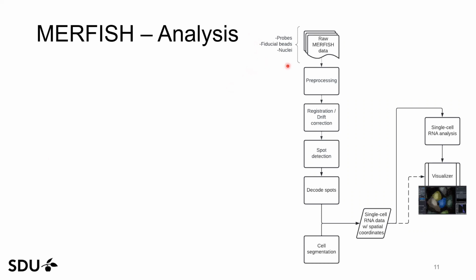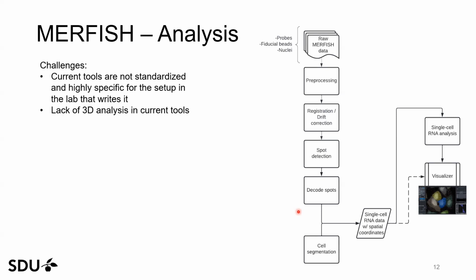And then I have outlined some of the common steps to get this actual spatial transcriptomics data out. There's a big challenge in that the current tools available for this are not really standardized, and they are highly specific for the setup in the given lab that wrote the code.